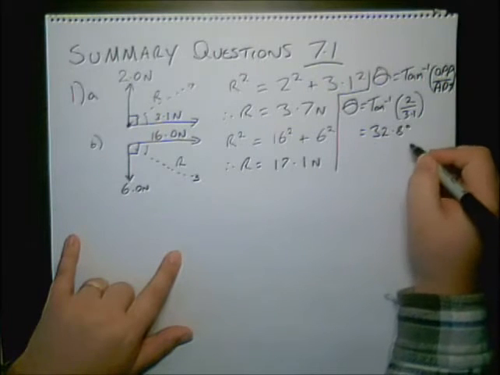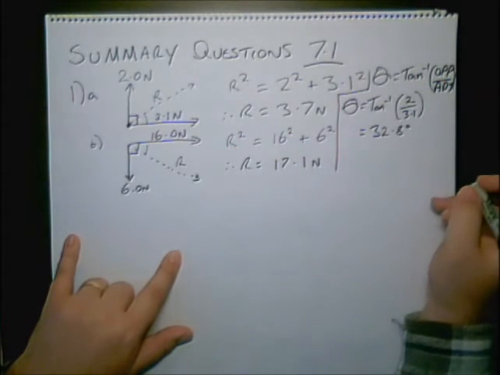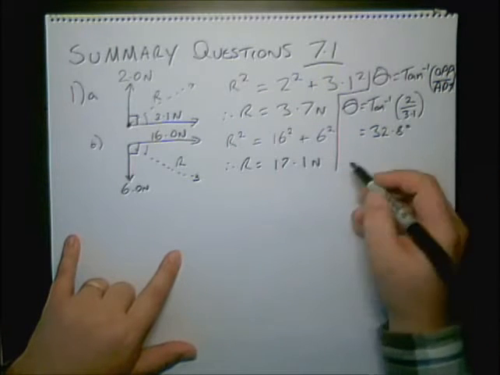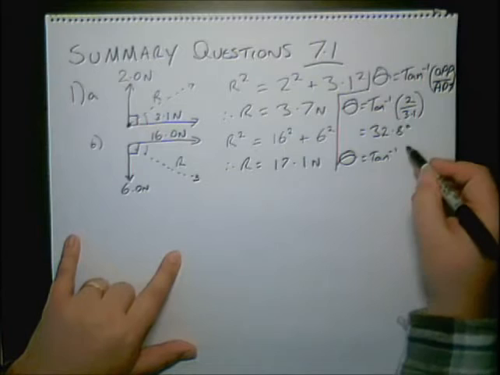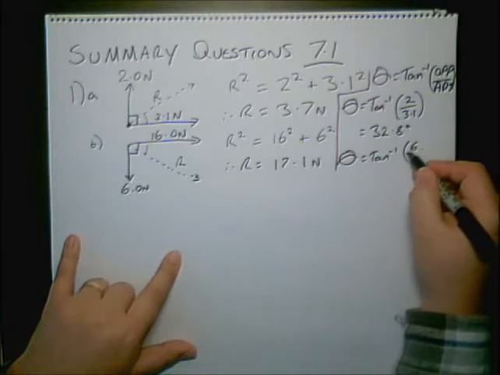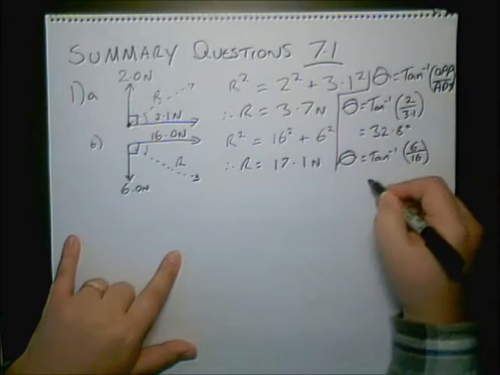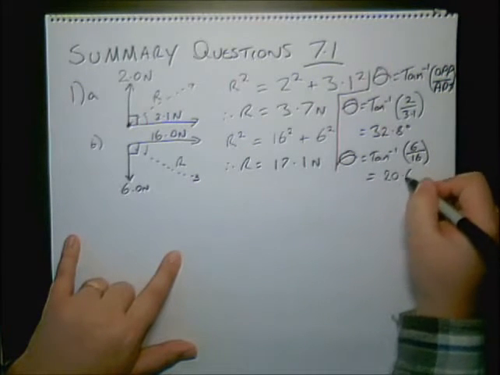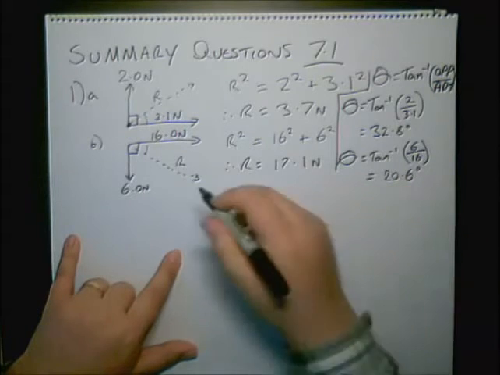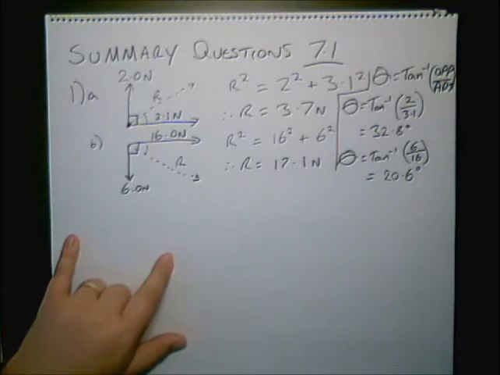And that's 32.8 degrees with respect to the 3.1 newtons. And for this one, theta equals tan to the minus 1, 6 over 16, which works out to 20.6 degrees with respect to the 16 newtons.